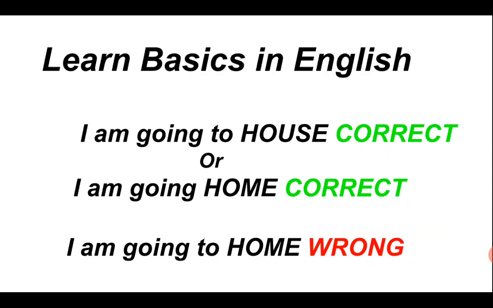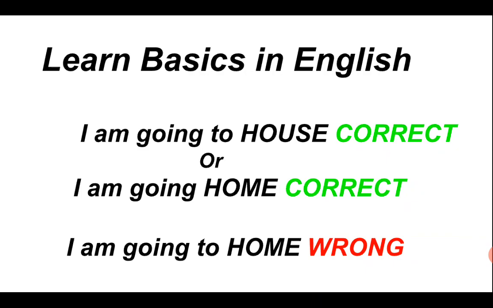Therefore the right one is I'm going to my home. But I'm going to home is always wrong. I'm going home is absolutely right. I'm going to my home is absolutely right. I'm going to house is absolutely right. I'm going to my house is absolutely right.